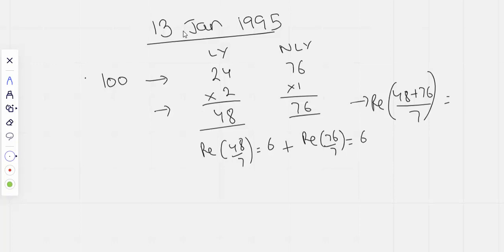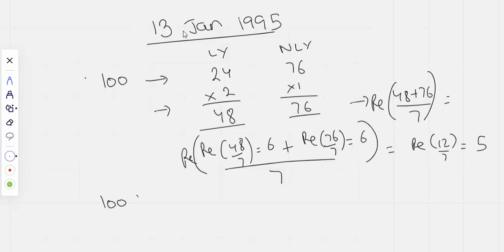Then you can combine them: the remainder of 12 divided by 7 is 5. So for 100 years, you get 5 odd days. That is, for the first 100 years there are 5 odd days.